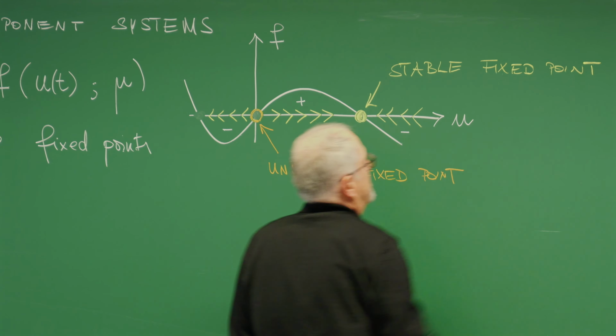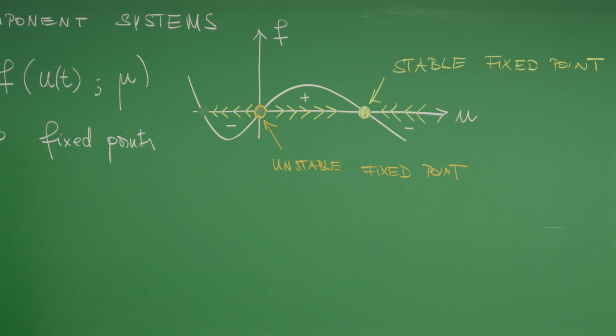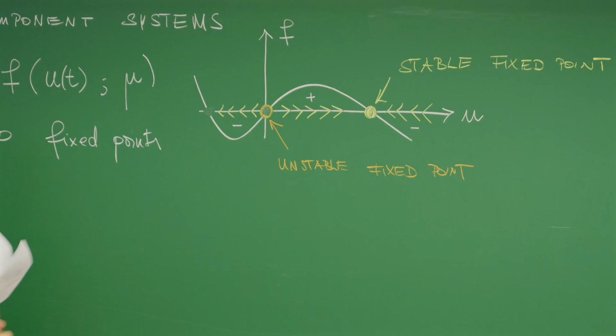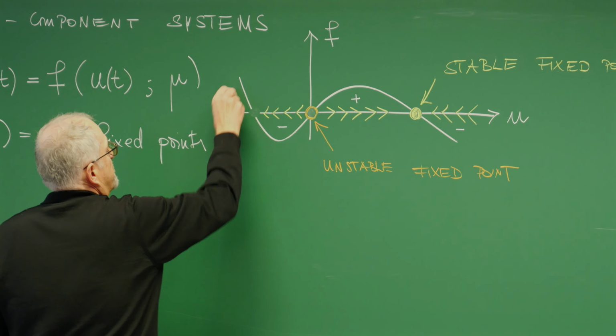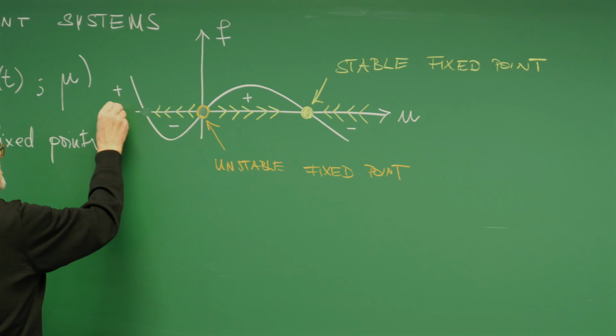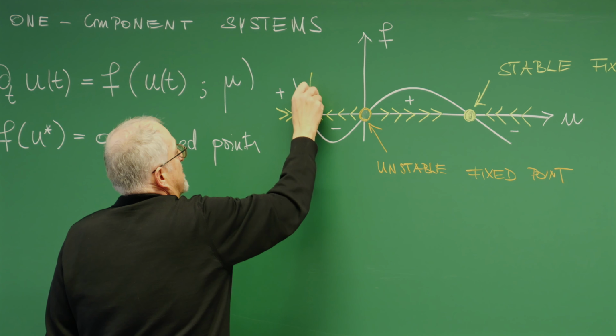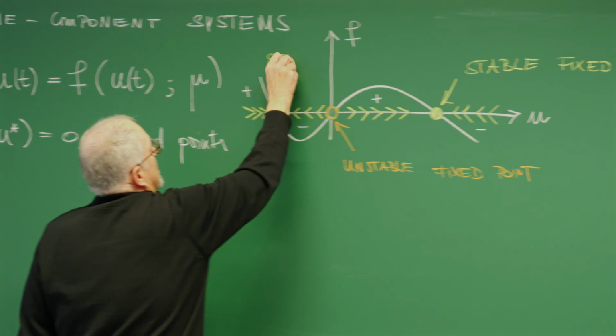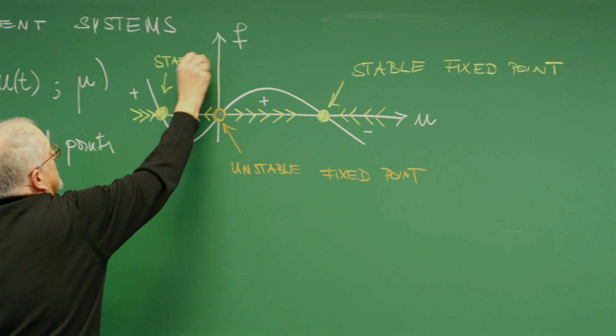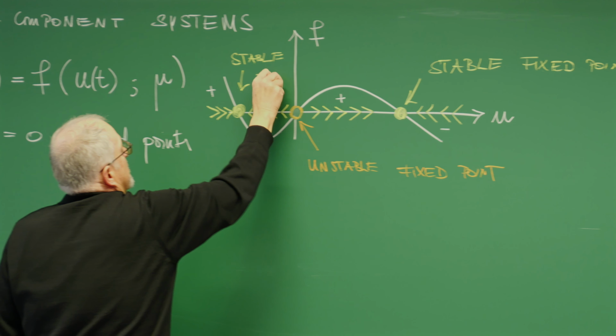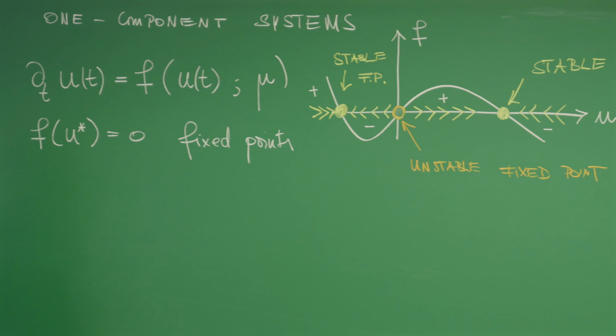Yeah, and convention is that we draw this as full bullets. And the same is true here. As you convince yourself, here it is positive. That means the flow goes this way. So that's, again, a stable fixed point that you have there.